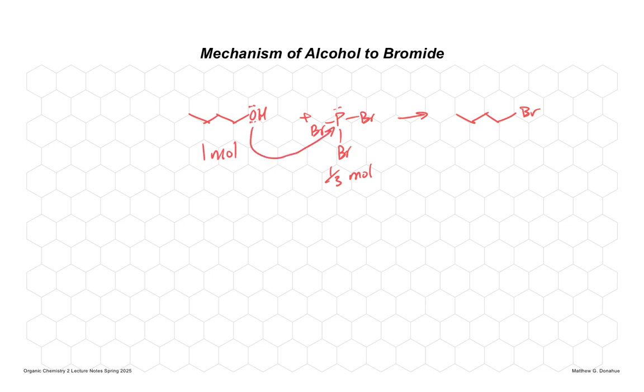So oxygen attacks phosphorus. We only have one type of bond to break, a PBr bond.